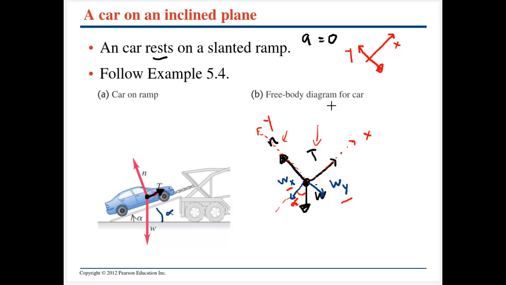So now we would say, what are the sum of the forces in, let's just say, the x direction. The car is not moving, it's not accelerating, so mass times acceleration is equal to 0. So in the positive x direction we have the tension, and then in the negative direction we have the weight in the x direction.